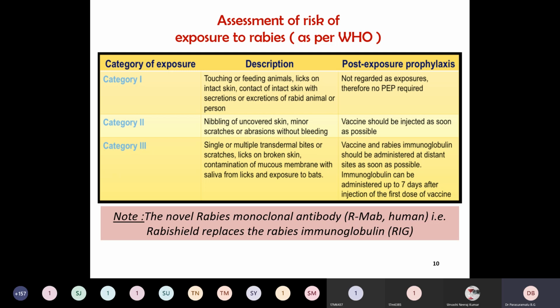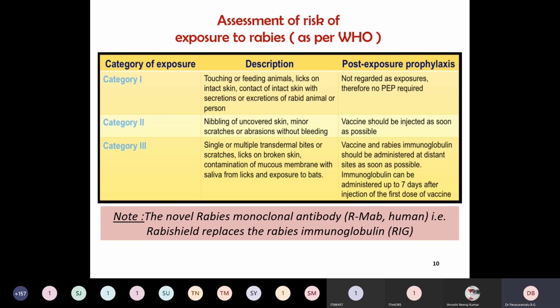There is no need to give the rabies immunoglobulins or rabies monoclonal antibodies. In case of re-exposure, again if he is bitten and if he has already taken the complete course of pre-exposure or post-exposure vaccination earlier, this is very, very important. Only 2 doses required. No RIG and no rabies monoclonal antibodies.